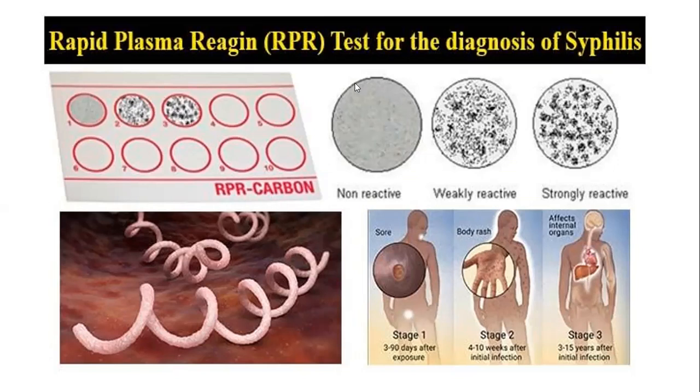And if you don't see any agglutination, if you don't see any conglomerates, it means this reaction is negative. And if you see some conglomeration, it may be weakly reactive or strongly reactive.